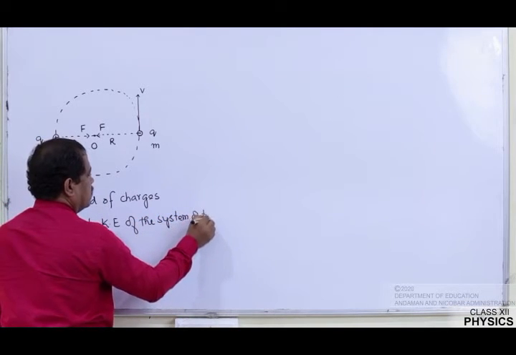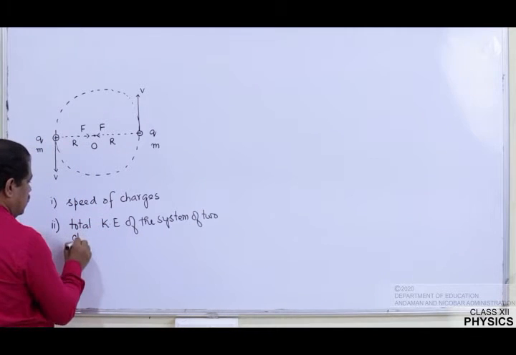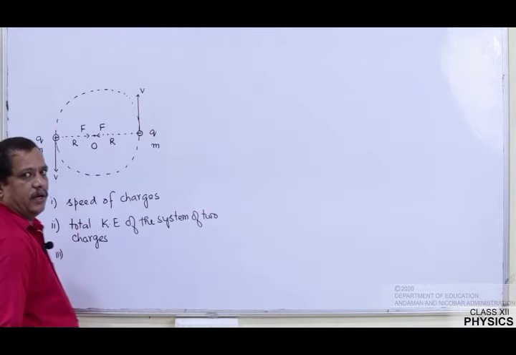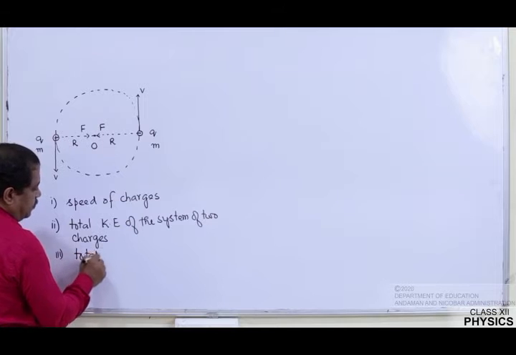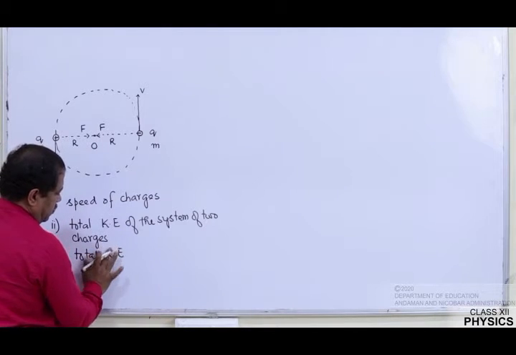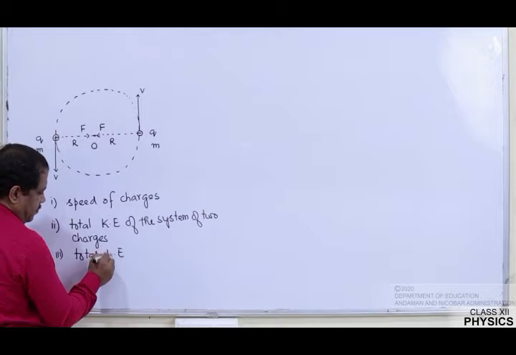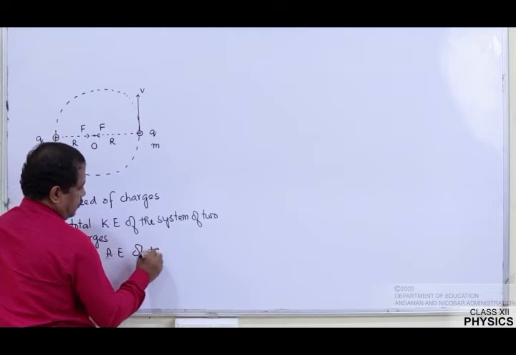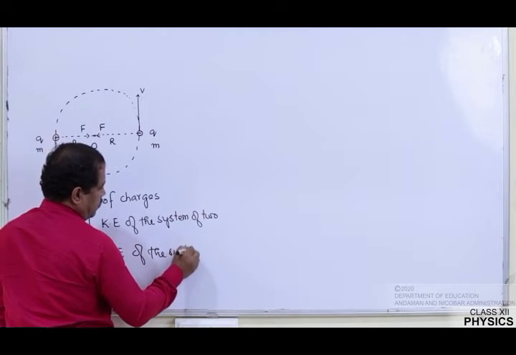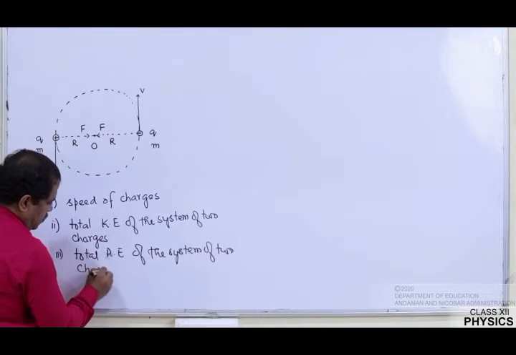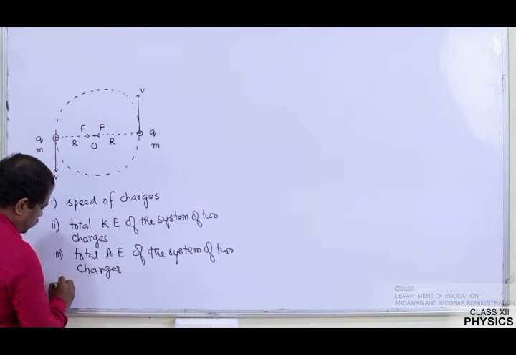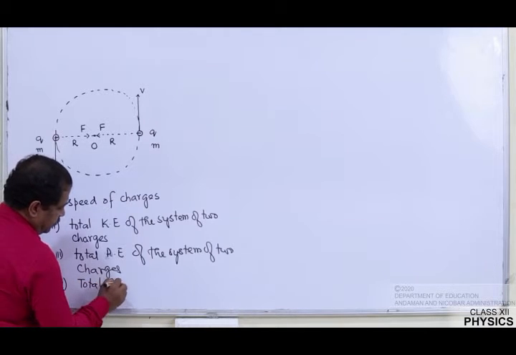Third question: I want to calculate the total potential energy of the system of two charges. And the fourth question is, I want to calculate the total energy of this system.